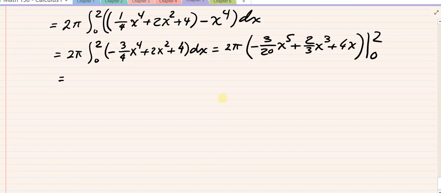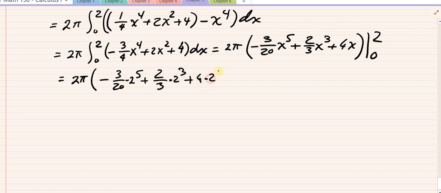Then we plug in the upper limit and then minus the lower limit. The lower limit, 0, makes every one of those terms 0, so I won't even try it. First we have 3/20 of 2 to the 5th, plus 2/3 of 2 cubed, plus 4 times 2.